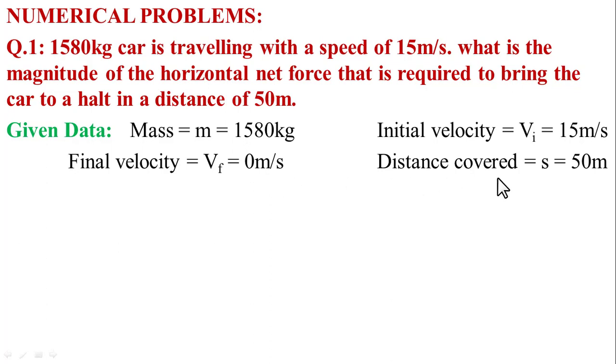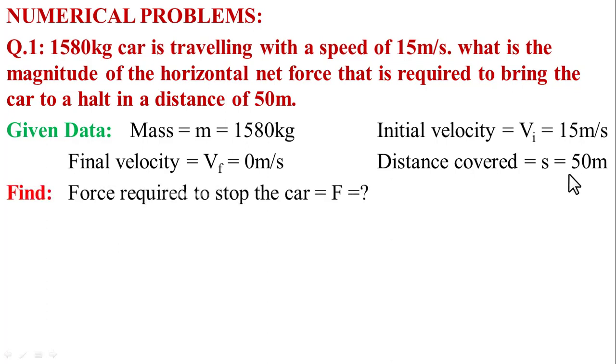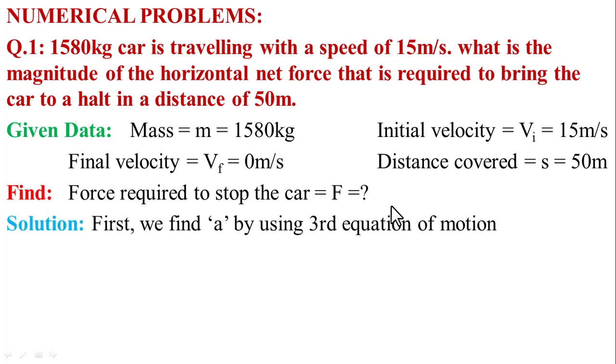The distance covered, denoted by S, is equal to 50 meters. We have to find the force required to stop the car. Force is denoted by F, so F is equal to question mark. Now we use the formula and find the force.